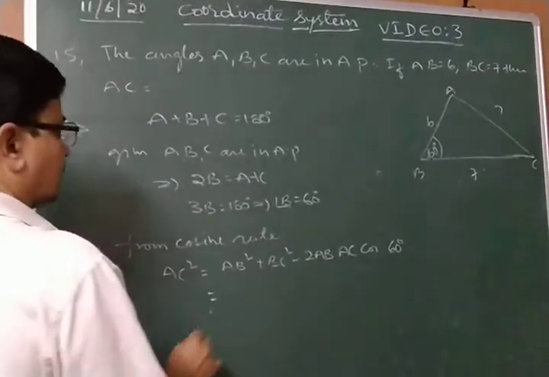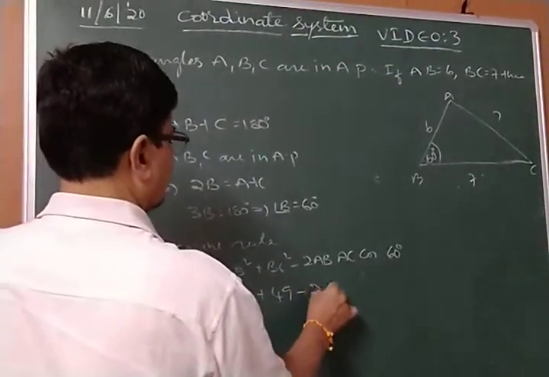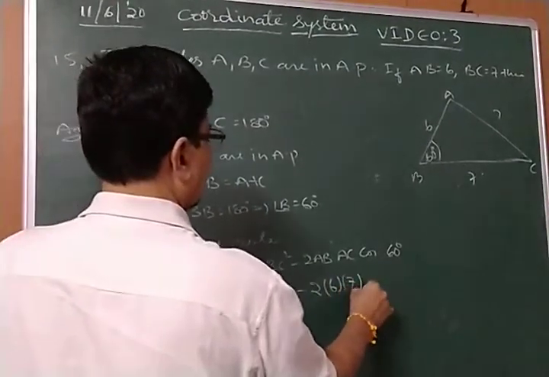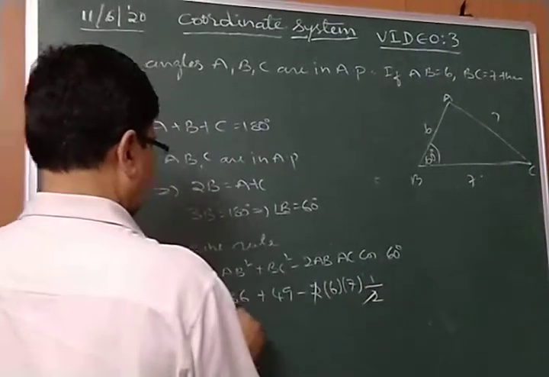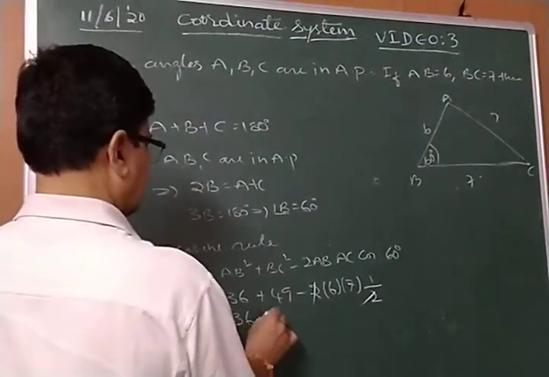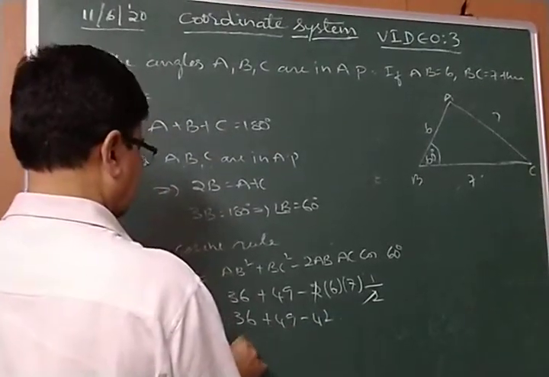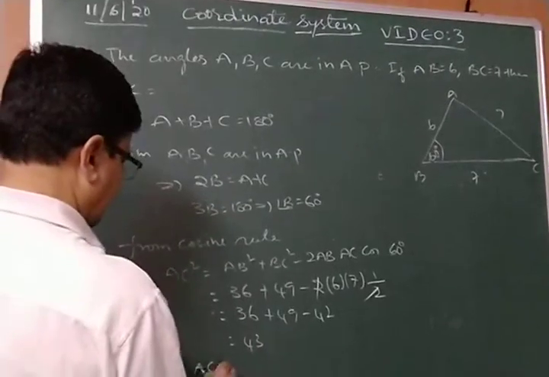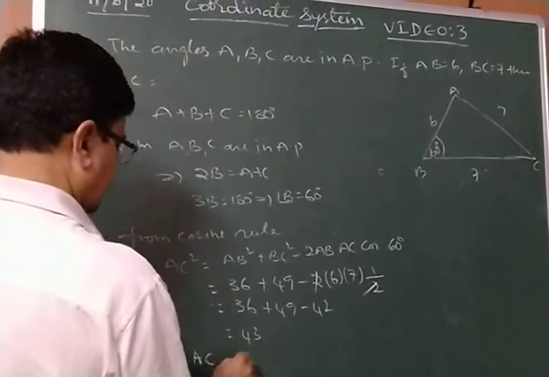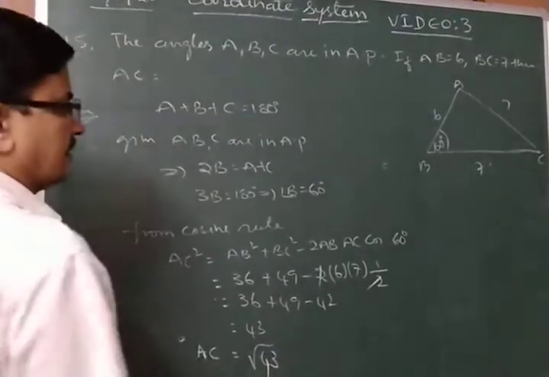So that is equal to 36 plus 49 minus 2 into 6 into 7 into 1 by 2. The 2s cancel. This is 36 plus 49 minus 42, so this is 43. Now AC is equal to the square root of 43, which is the answer.